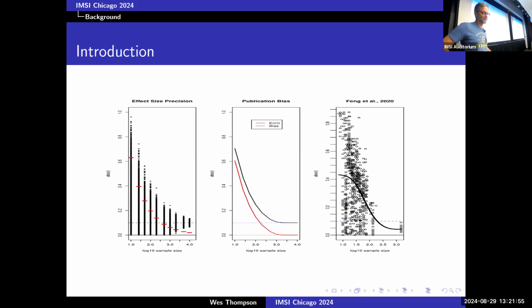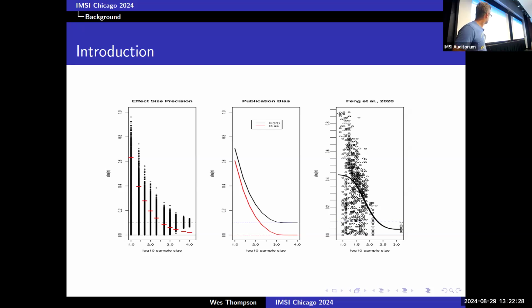So this is just a representation of what could be going on. On the left panel, the true effect size is an absolute Pearson correlation of 0.1, and then there's log 10 sample size on the x-axis, and it shows the variation in effect size estimates for those sample sizes. And the red mark is the 0.05 significance level. So everything above that is significant. So if you only publish things that have a p-value of 0.05 or less, you're going to have upwardly biased effect sizes.